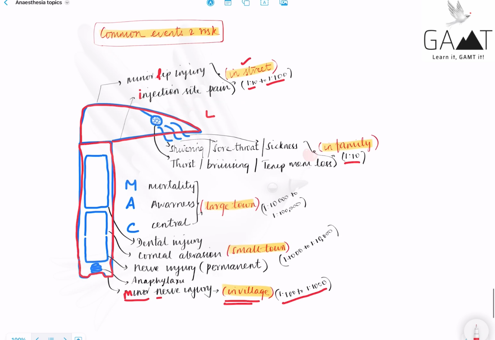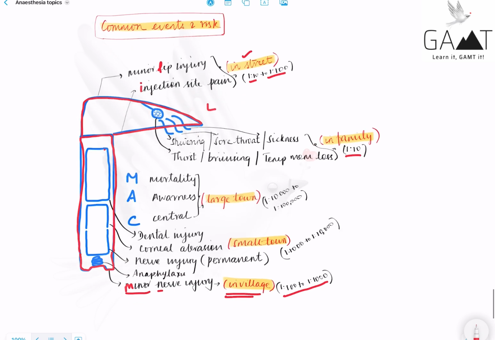Moving on, we have the rare side effects. See the battery here resembles the letter D, which stands for dental injury. You remember the broken battery. The top of the broken battery resembles the letter C for corneal abrasion. The bottom half resembles the letter N, which stands for permanent nerve injury. The minor nerve injury, which is temporary, is uncommon, 1 in 100 to 1 in 1000.